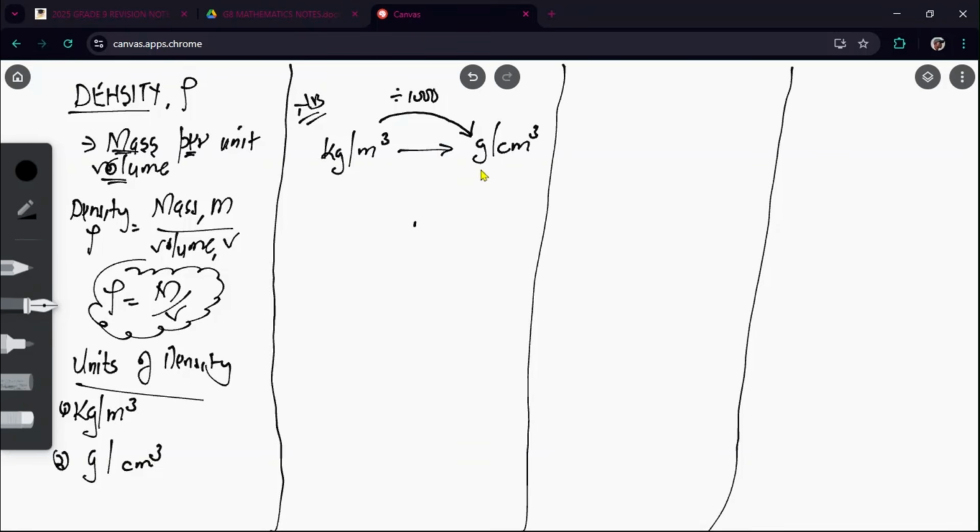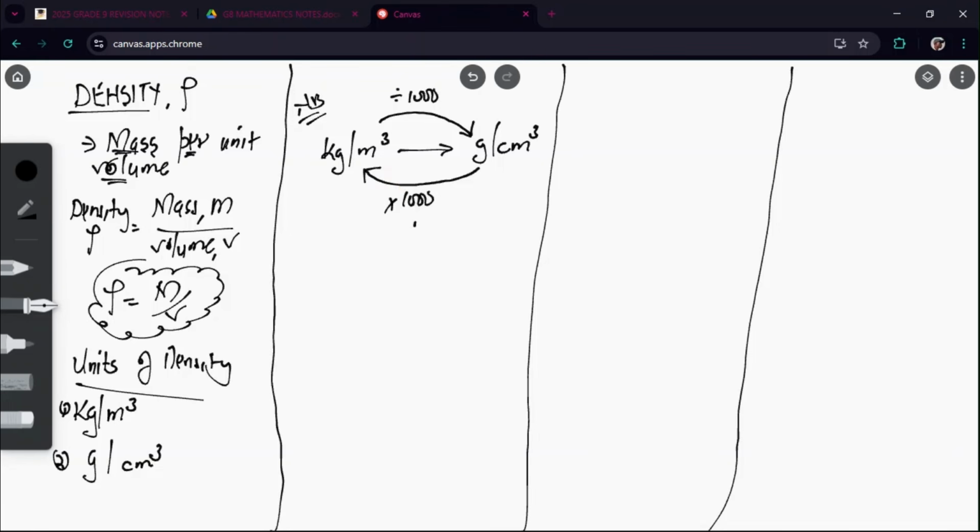But if I am moving the vice versa, from grams per centimeters cubed into kilograms per meters cubed, I multiply the values by 1000. So it is the opposite. This small illustration, we'll see how this one works out.